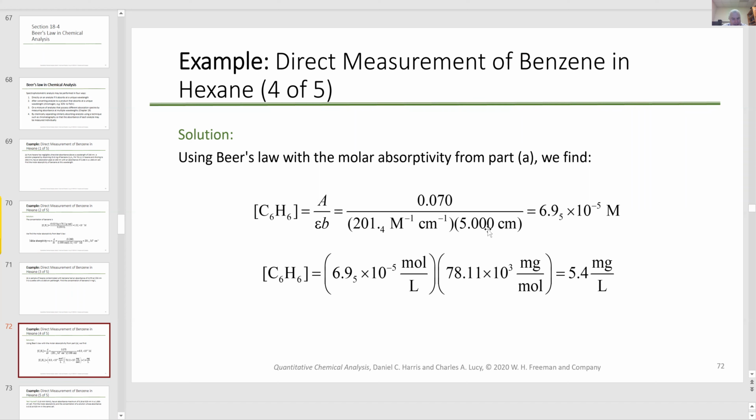So long as the absorbance is in range, then you can do things like this. Now if the absorbance here were 7, like the instrument were telling us it's too much, then what could we change very conveniently in this experiment to get the absorbance down to say 0.7?